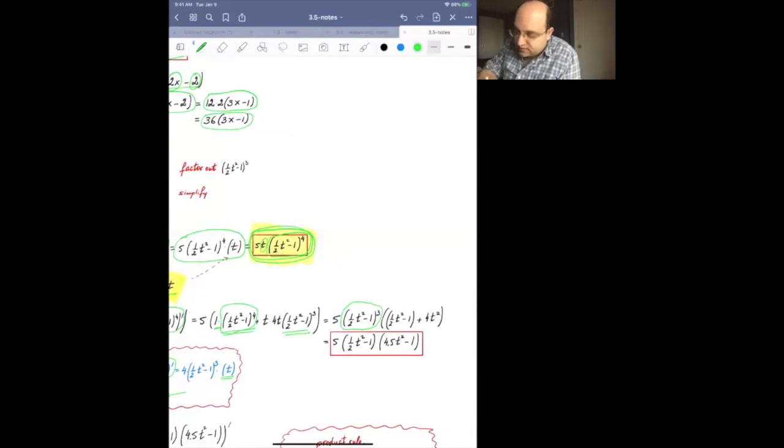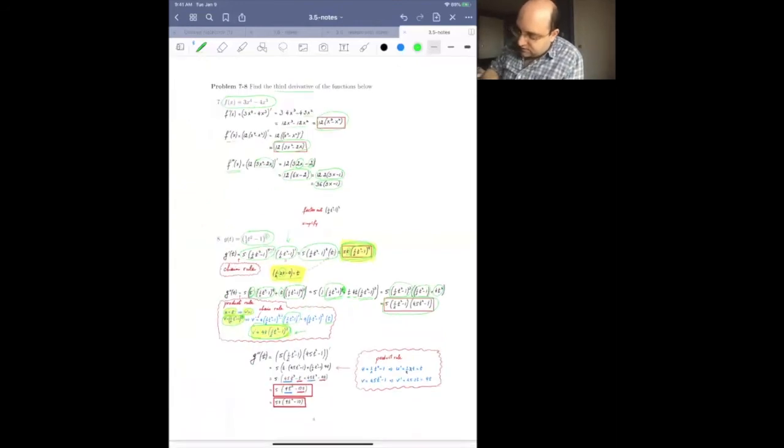What's left is one more factor of 1/2 t squared minus 1, because there's 4 of them here, plus 4t squared. Why did I have 4t squared? Because I have 4t and another t here. If I simplify this expression, I get this exactly. So that's the second derivative.